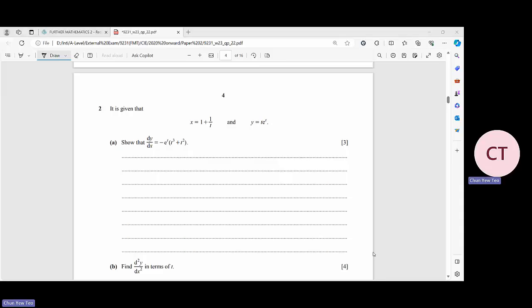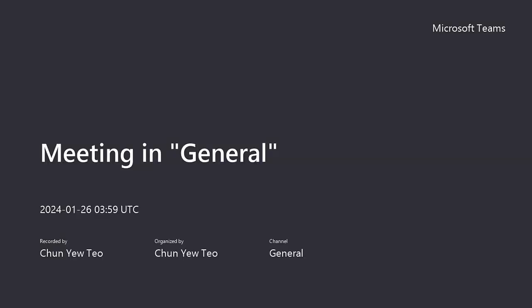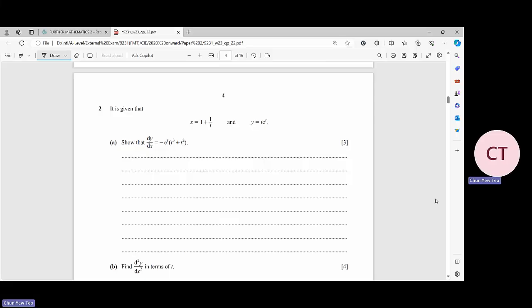Question number 2. It is given that x = 1 + 1/t and y = t·e^t. So this one is a parametric equation.